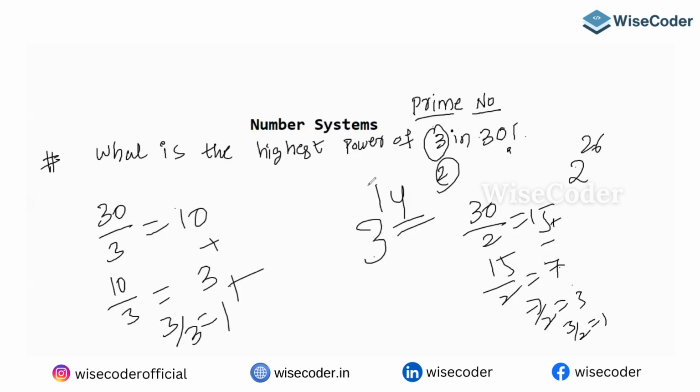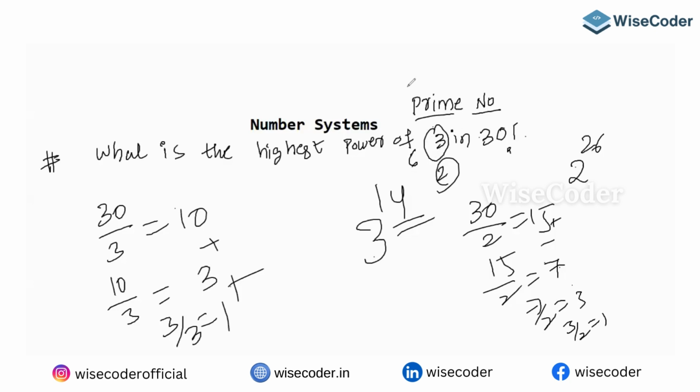So this is for prime numbers. But when you come across composite numbers, he is going to ask you, find the highest power of 6 in 30 factorial.